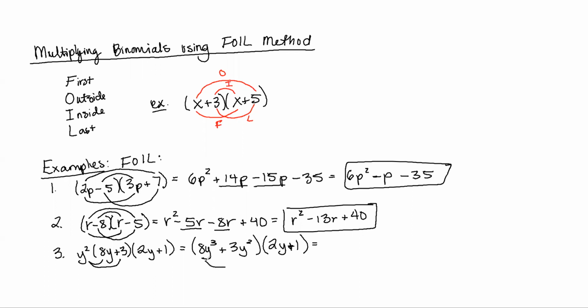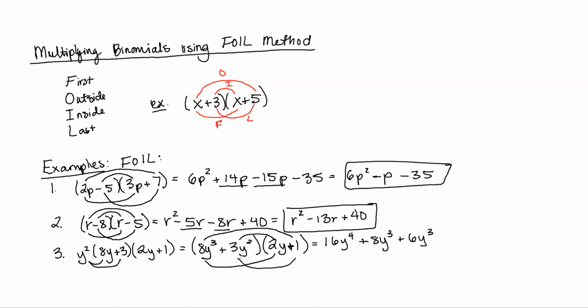So we have 8y cubed times 2y, 16y to the 4th. The outside, 8y cubed times 1, still 8y cubed. The inside, we have 3y squared times 2y is positive 6y cubed.